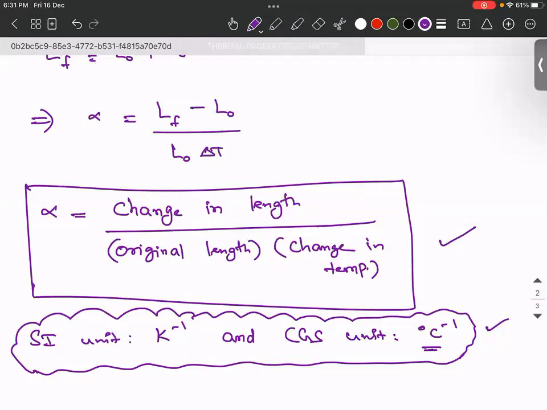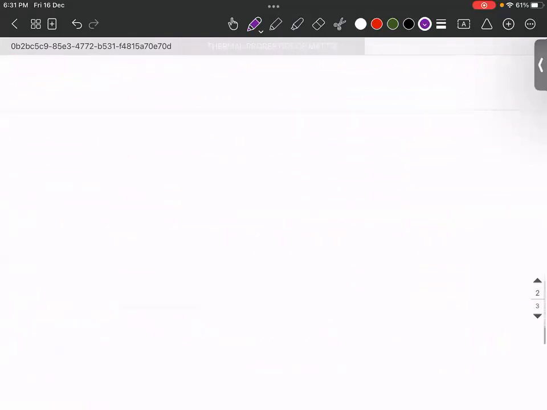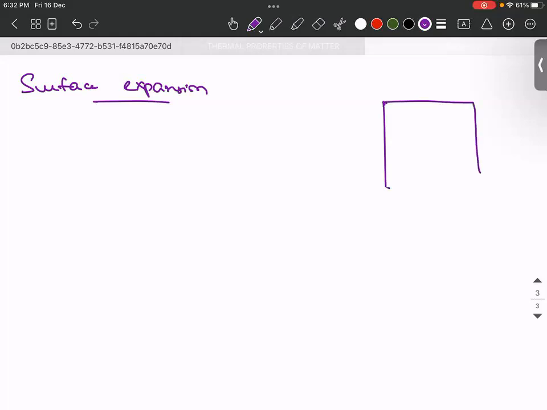Okay. Similarly, the next one is surface expansion. Suppose I have a two-dimensional object in my hand, which is a planar object basically.